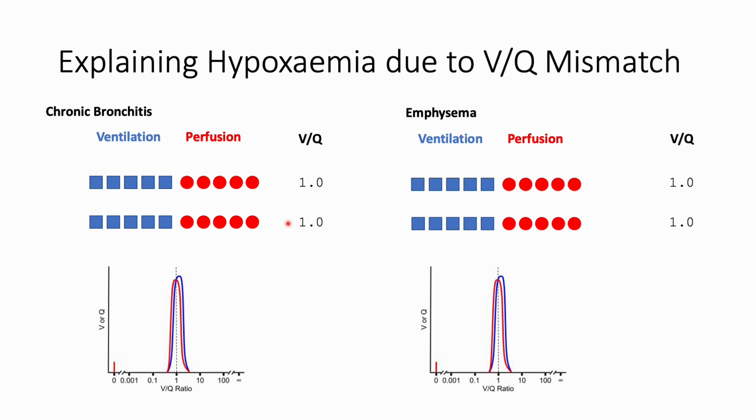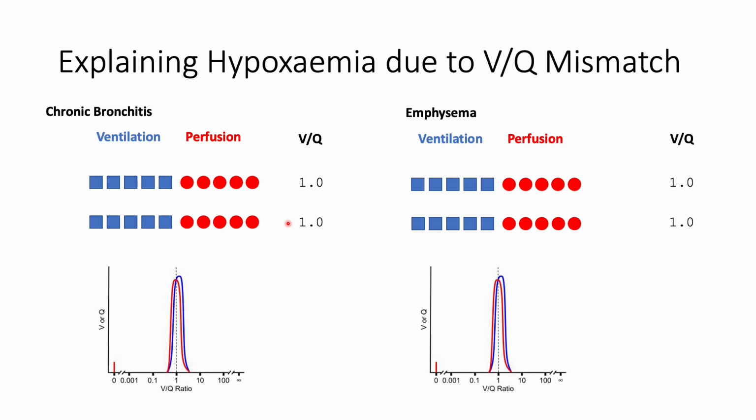Now first, let's consider what would happen in chronic bronchitis. This is a disease that's characterized by increased airway secretions, mucosal thickening, and bronchoconstriction. All of these factors would contribute to increased airway resistance. And the disease process would not affect every alveolus to exactly the same degree.